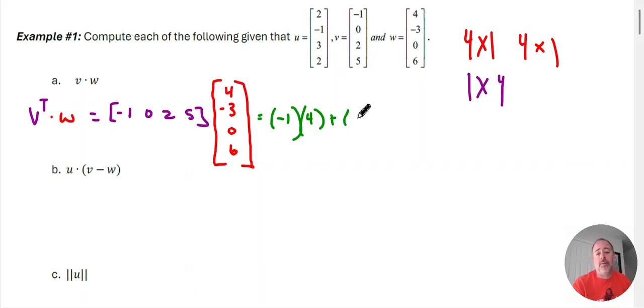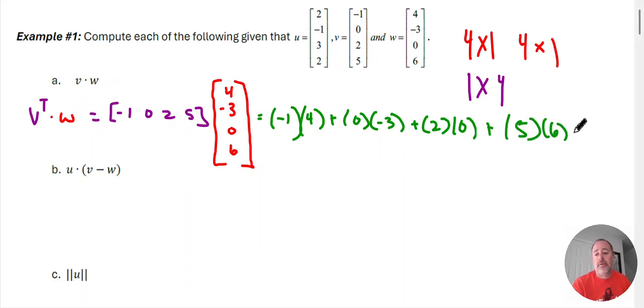We take 0 in our transpose of V and multiply that times -3 in W. Likewise, we multiply 2 times 0, and then we add to that 5 times 6. Then our answer is going to be -4 plus 30, because these are both 0, and we get that the dot product of V and W is 26.